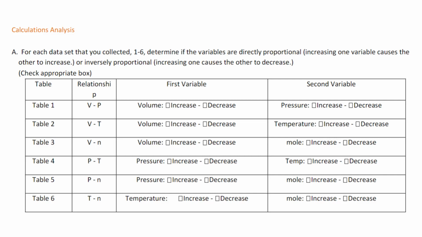But if the variables are on the same side of the equation, for example, pressure and volume, because we have PV equals, so P and V are on the same side of the equal sign, then they'll be inversely proportional, meaning as one goes up, it causes the other to decrease. So we can look at the data in our tables and then later check to make sure that that matches what our expectation was given our understanding of the ideal gas law.